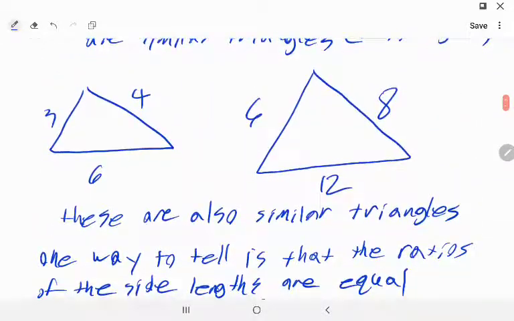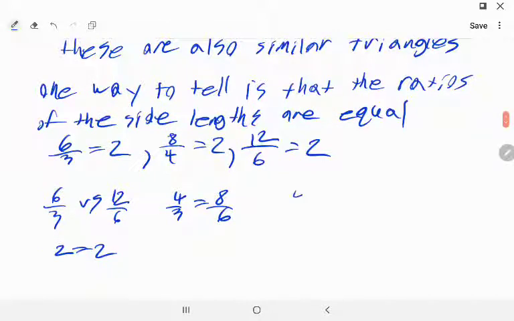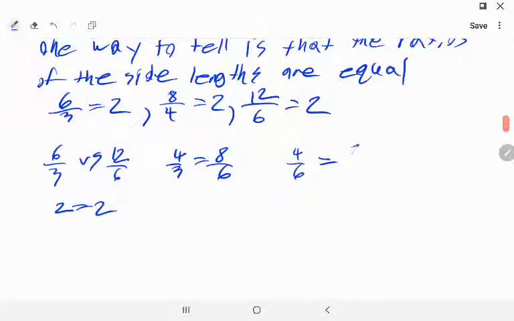And if we take 4 divided by 6, that matches with 8 divided by 12. So we notice 4 thirds equals 4 thirds. And here 2 thirds equals 2 thirds.